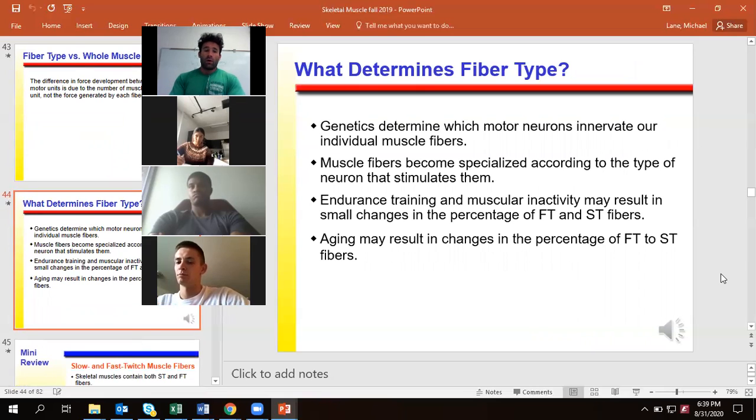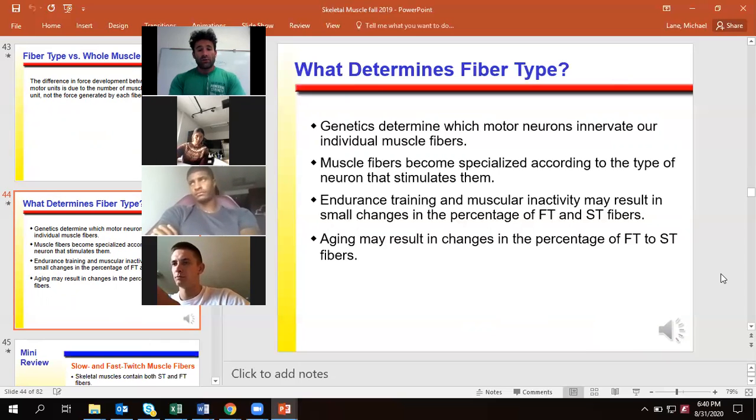And it turns out our mom and dad are big influencing factors on your muscle fiber type. There's a number of genes that have been identified that show effectively your fiber type is related to a couple of components of your parents. And your muscle fibers themselves are going to be specialized based upon our neurological recruitment of them. And remember, how we live our life is going to cause us to contract those fibers or cause them to convert a little bit.